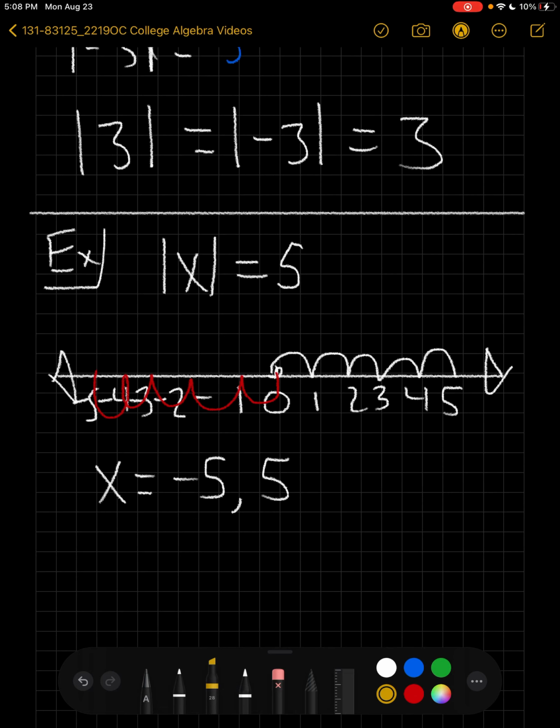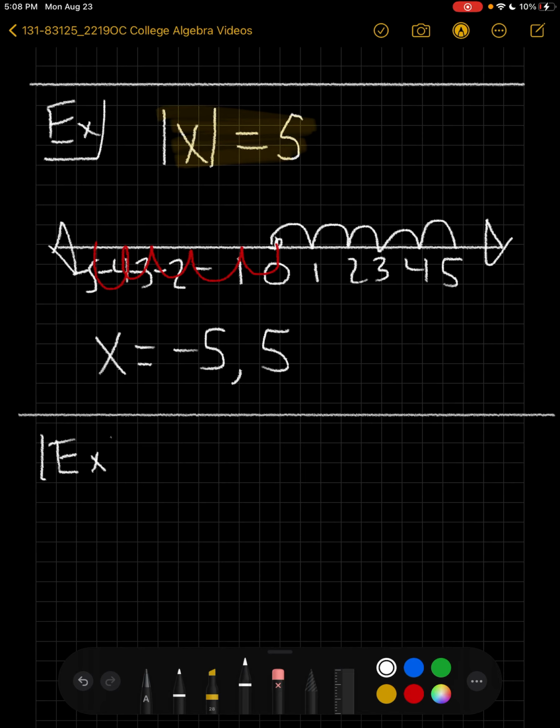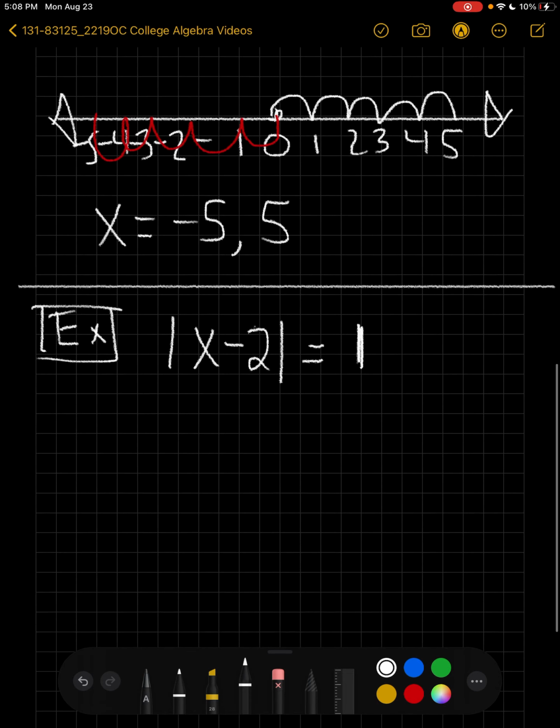Both of those numbers have an absolute value of 5. But of course, our equations are usually going to be a bit more complicated than this. So let's kick it up a notch. Let's say I had an equation that looks like this. All right, so the absolute value of x minus 2 is equal to 1.